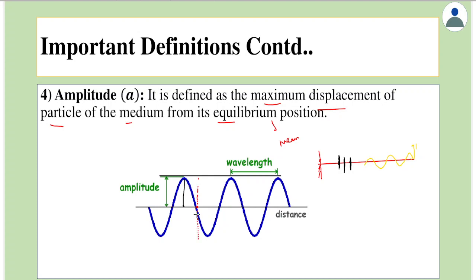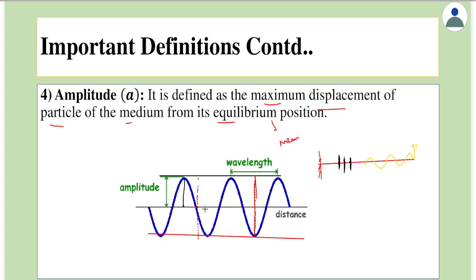The particles will oscillate between the two extreme ends. This is called amplitude. For example, this particle has gone to the lower extreme position. It will again go up, stop, and then come back. So every particle will oscillate between the two extreme ends.